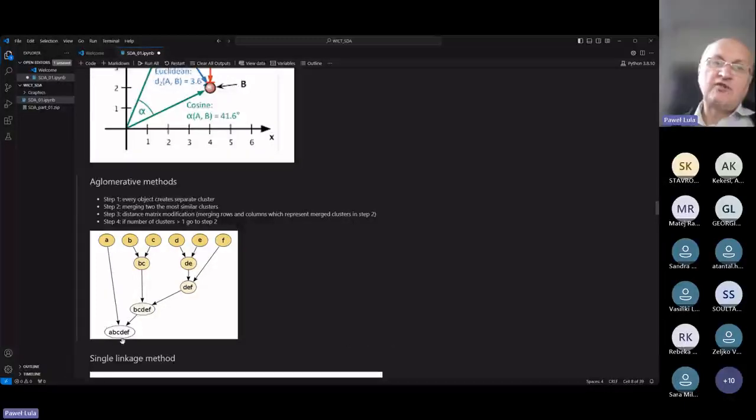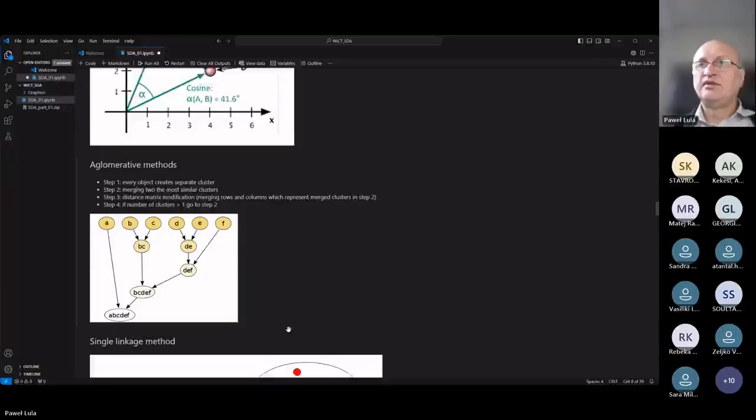And finally, we have one cluster with all objects. Next, we should select the final number of clusters and cut this dendrogram using a horizontal line.